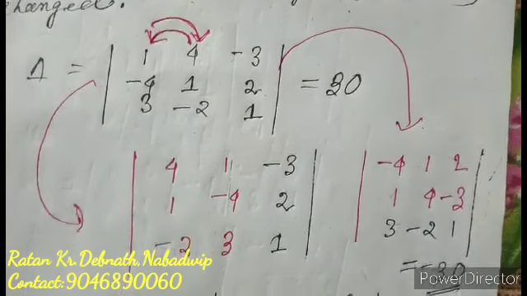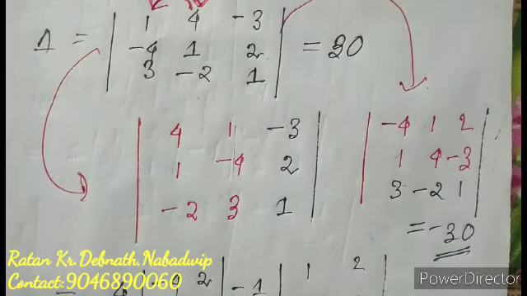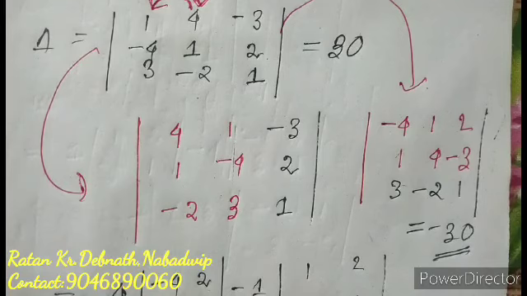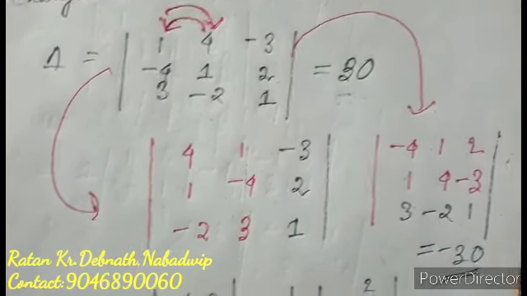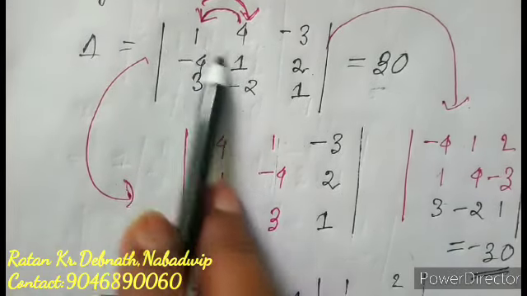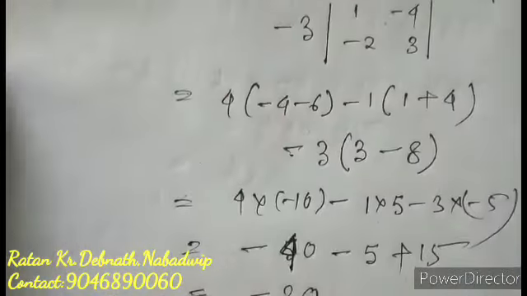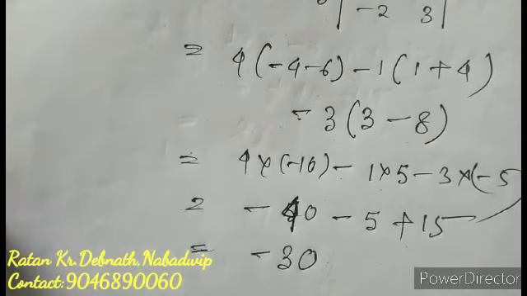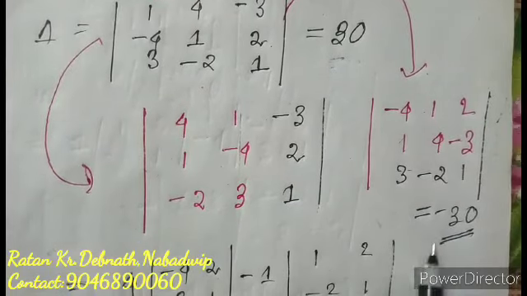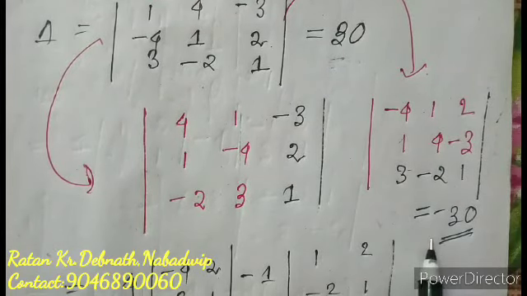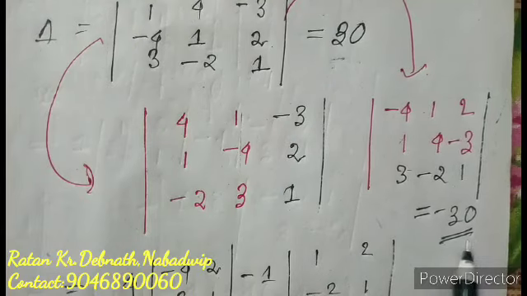So the value of the original determinant is 30, and by interchanging two columns we got minus 30, and interchanging any two adjacent rows we also got minus 30.